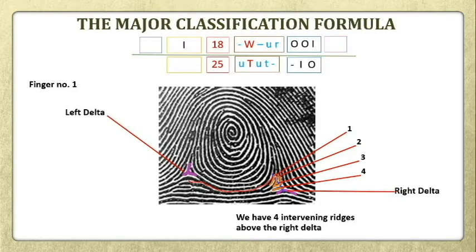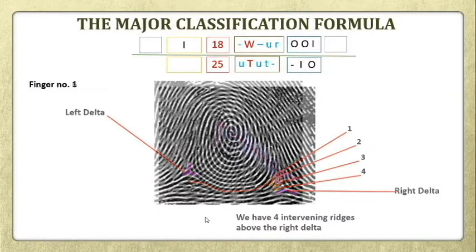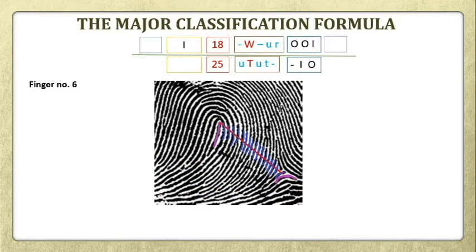So, therefore, we have an inner tracing, since we have 4 intervening ridges above the right delta.